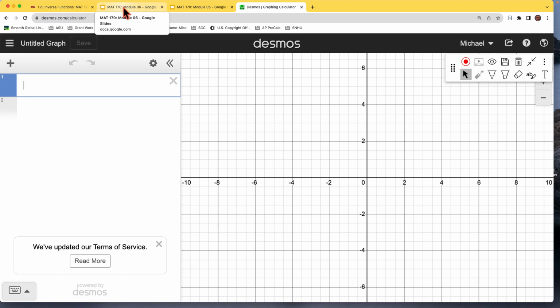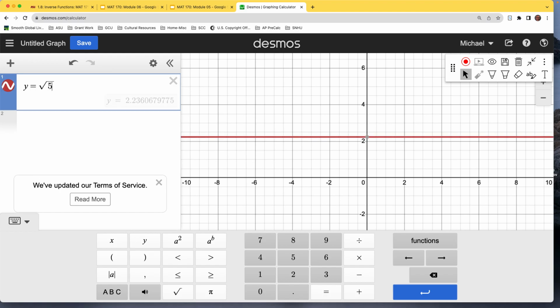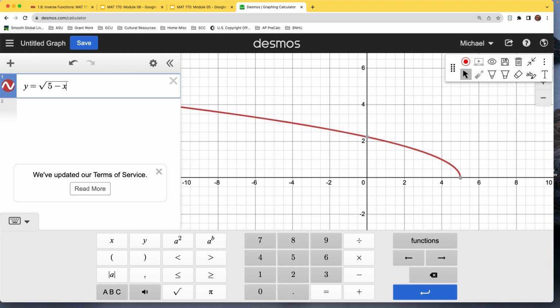What was the function? It was square root, was it x minus 5, right? Or 5 minus x. 5 minus x. That's right. And then there was a plus 7.